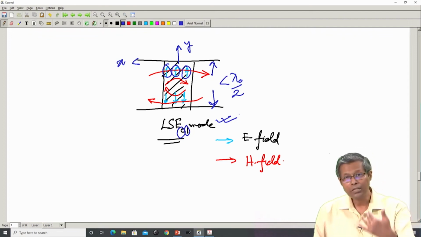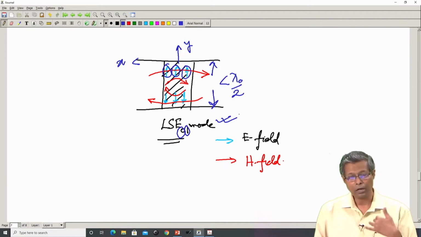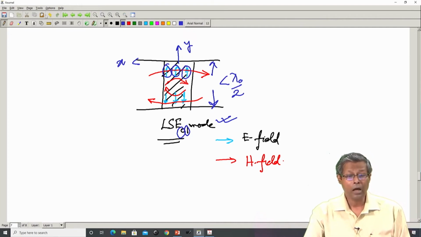But there is a lot more to the design of such mode suppressors than just shorting out the electric field. There are bandwidth issues, there are many other issues, and the design of any mode suppressor is a very challenging research topic on its own. Okay.